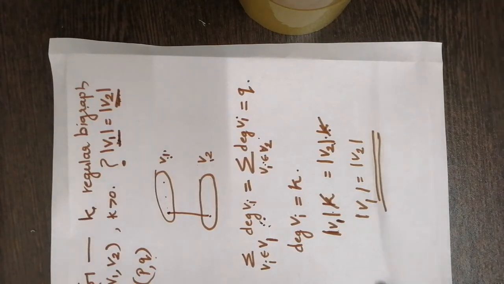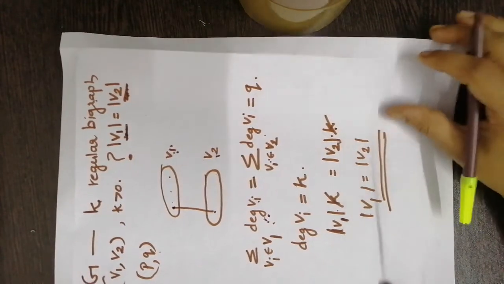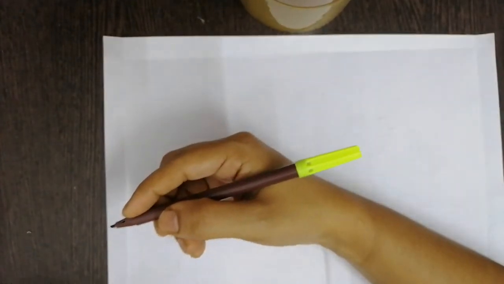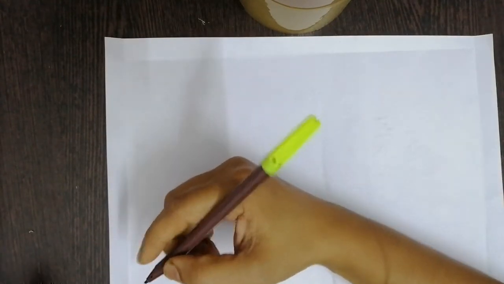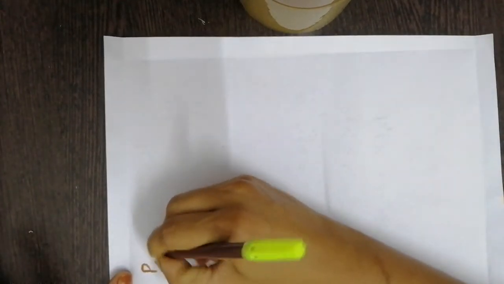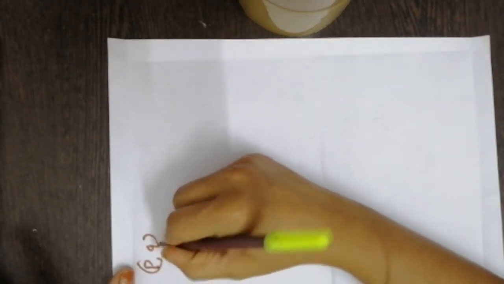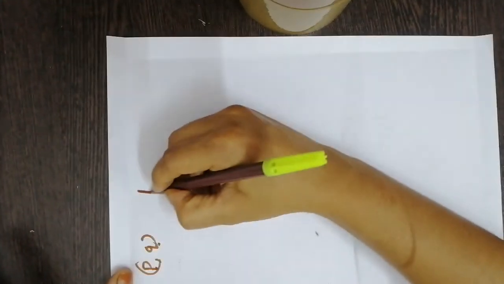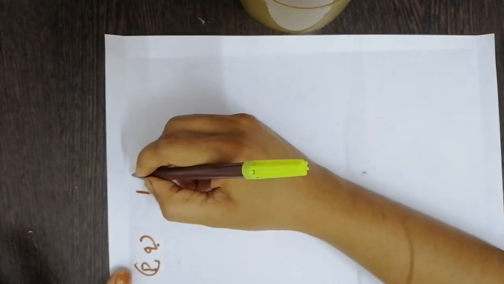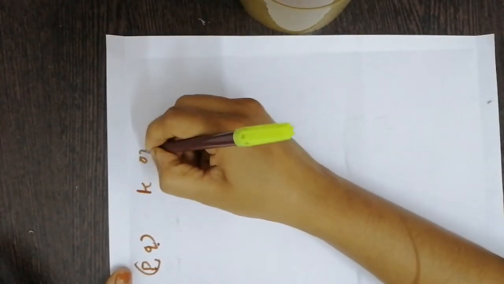Okay, I think it is clear to you. Next, let G be a PQ graph, all of whose points have degree k or k plus 1. So a PQ graph has P vertices and Q edges, and each vertex has degree either k or k plus 1.